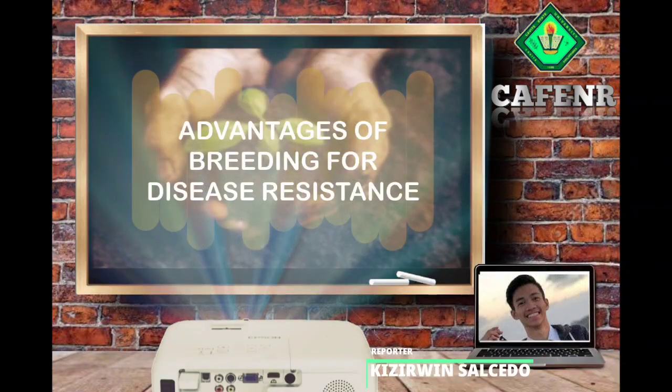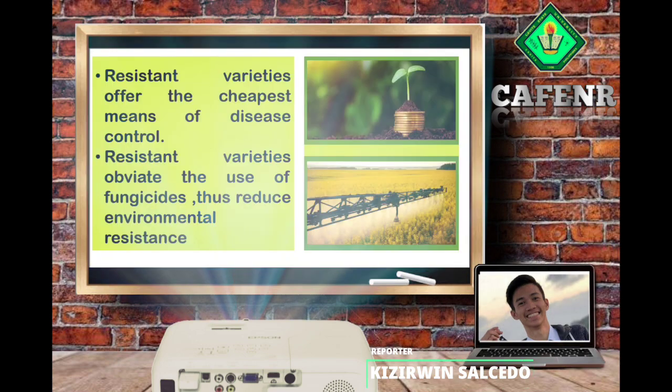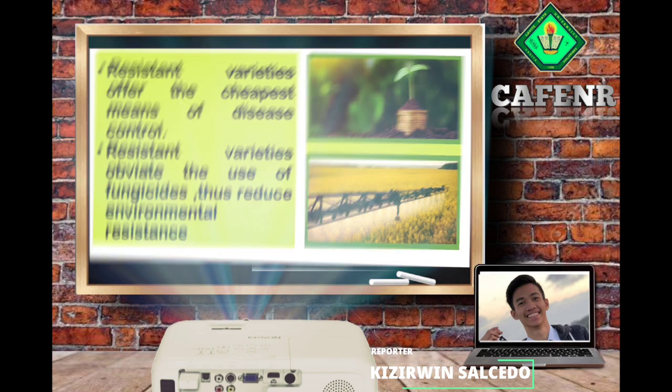Now we're going to talk about the advantages and some of the problems of breeding for disease resistance. First, let's talk about the advantages. Resistant varieties offer the cheapest means of disease control because they do not rely on synthetic inputs that cost more money. Resistant varieties obviate the use of fungicides, thus reducing environmental risk.